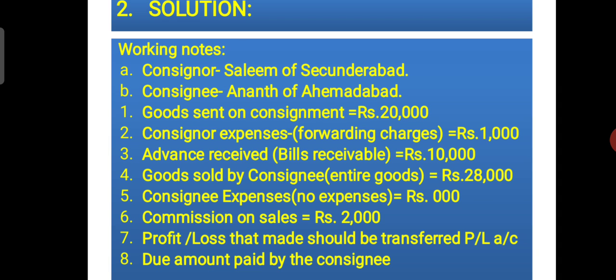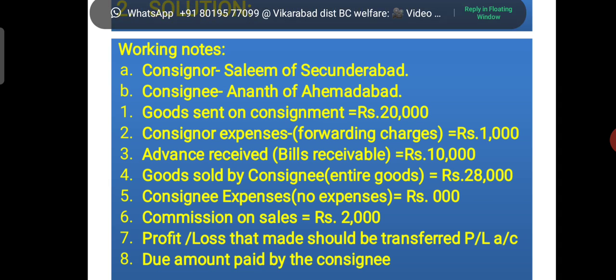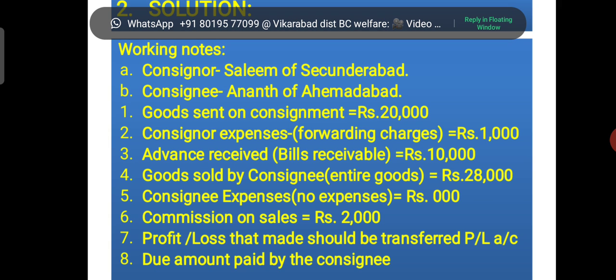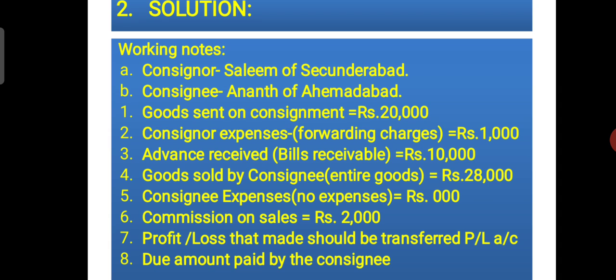Next, due amount paid by the consignee. In the account sales, we come to know how much due amount there is. By preparing the account sales, we come to know how much amount we have to pay to the consignor. Okay students, so like this we can prepare working notes.